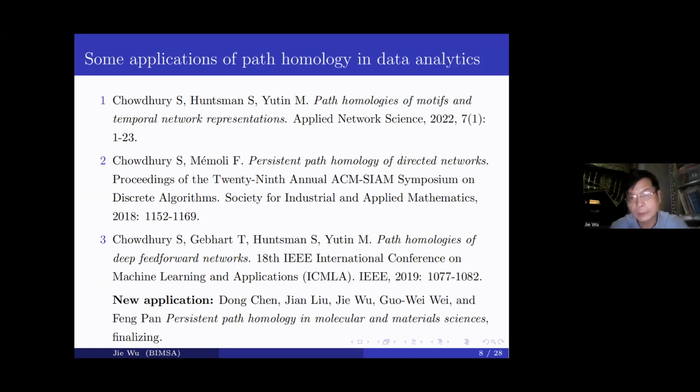I started recently to look at some amazing applications of path homology, which can apply to biology and material sciences. In chemistry, it can distinguish the chirality, like the symmetry, that the usual topological approach has so far found hard to distinguish, but persistent path homology can successfully distinguish. So it's quite useful now.